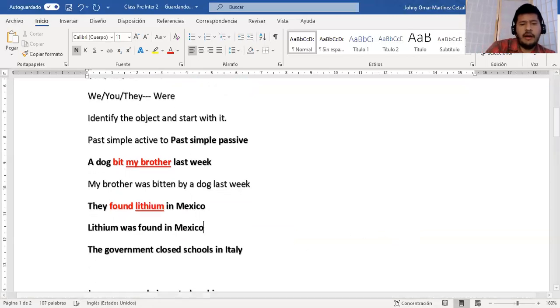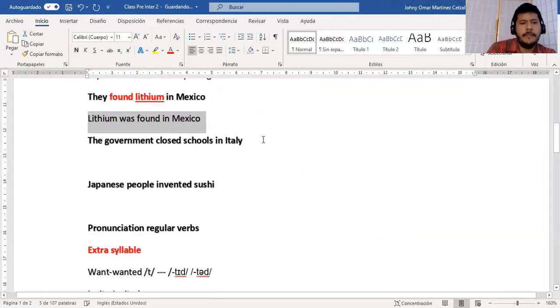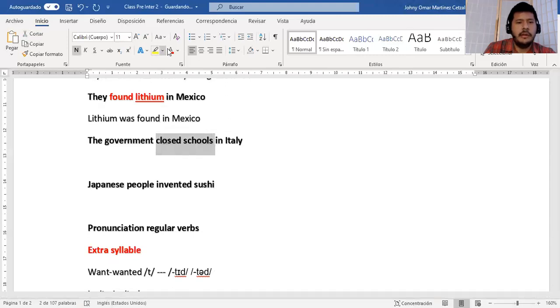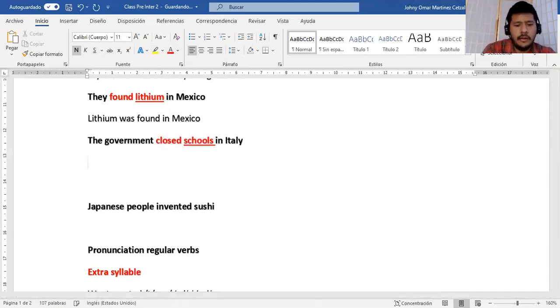Now, the government closed schools in Italy, okay? So the same thing, we identify, sorry for that, we identify the verb here, and here we have the object, okay? Let's change everything to red, and this underline, this is the object, okay? So now we've got schools, and were closed. So this is your first sentence with were.